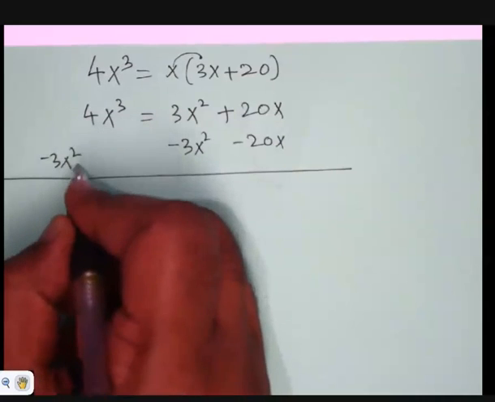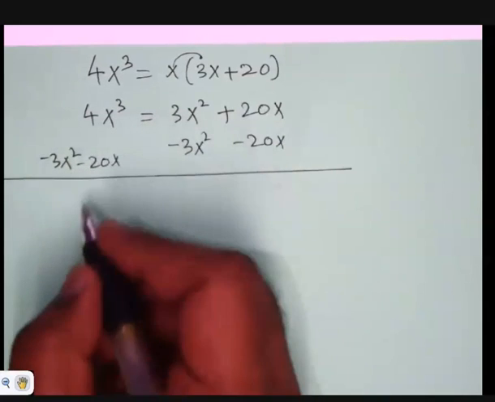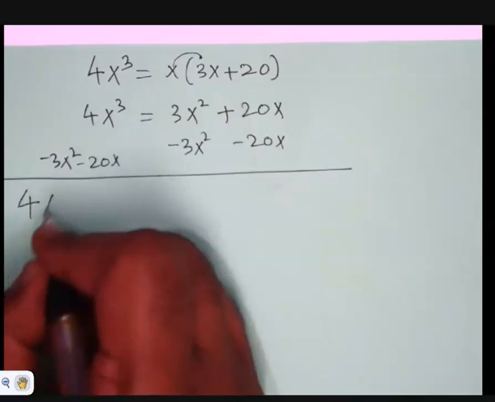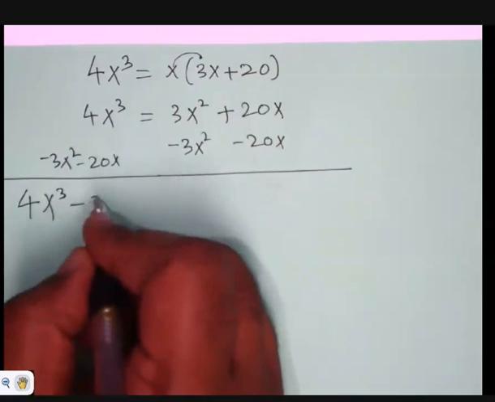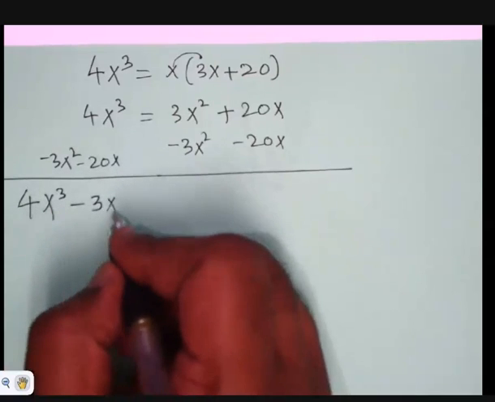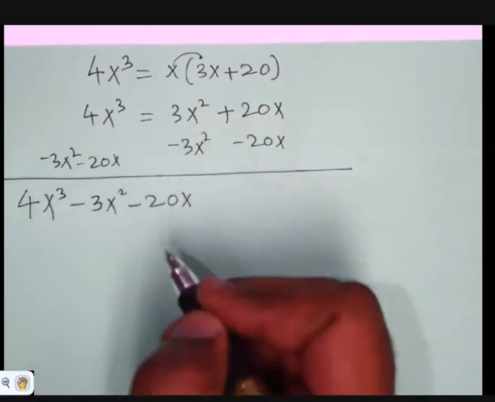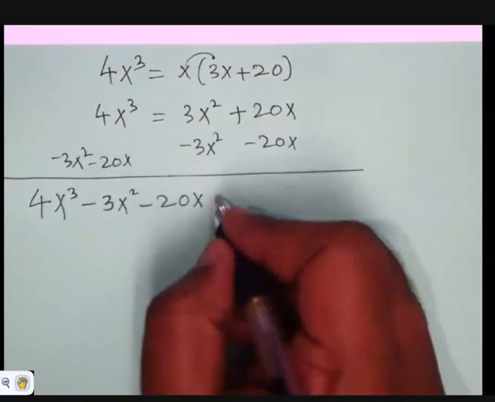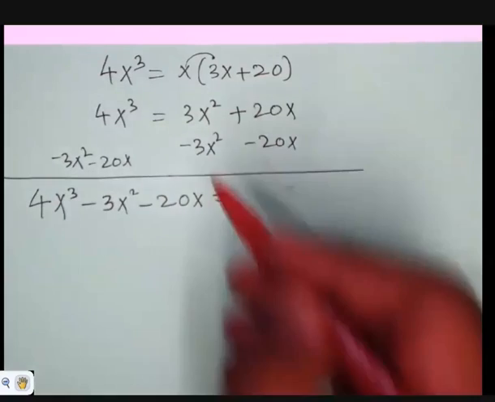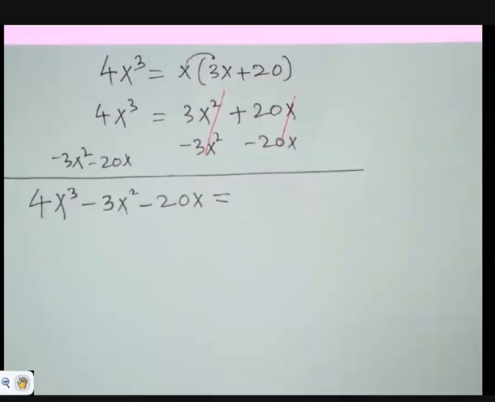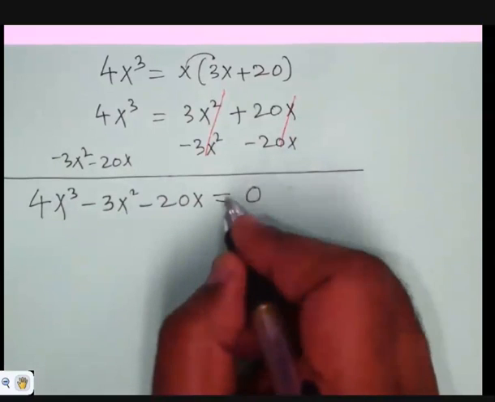That gives you 4x cubed minus 3x squared minus 20x. On the right-hand side, cancel and cancel. You got a 0.